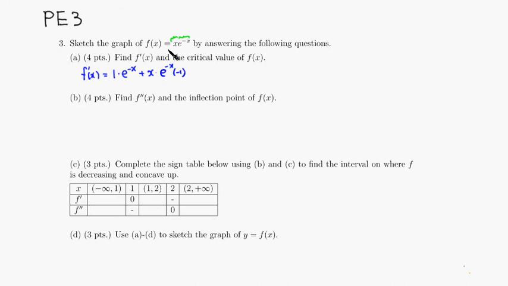If you combine that, you get 1 minus x, times e to the negative x. So this is the derivative.